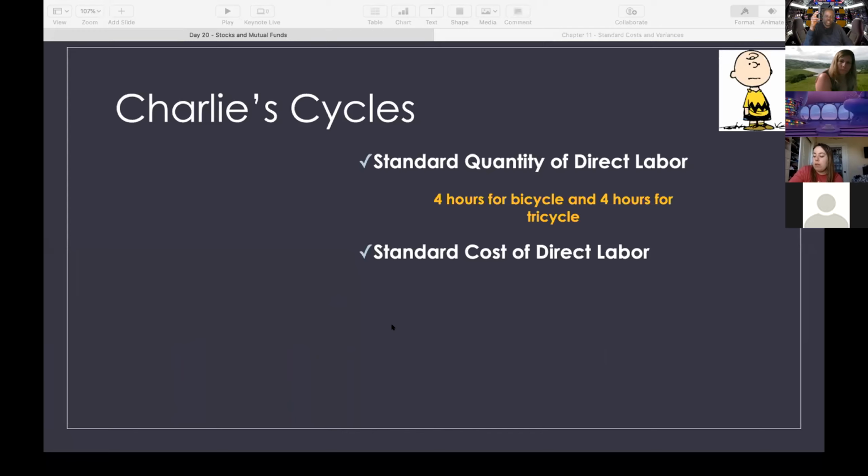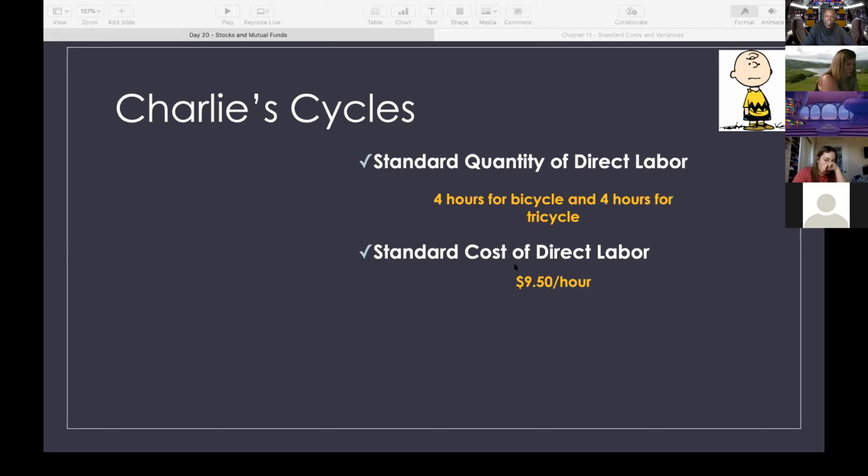4 hours for a bicycle, 4 hours for a tricycle, and for Charlie Cycles it was $9.50 per hour. You may have had a different direct labor rate.